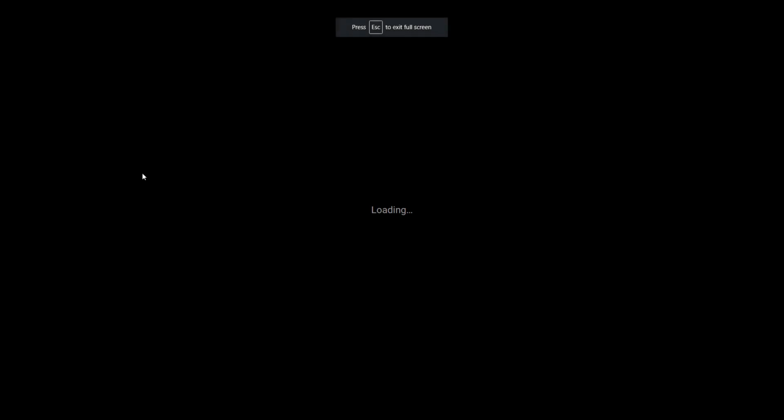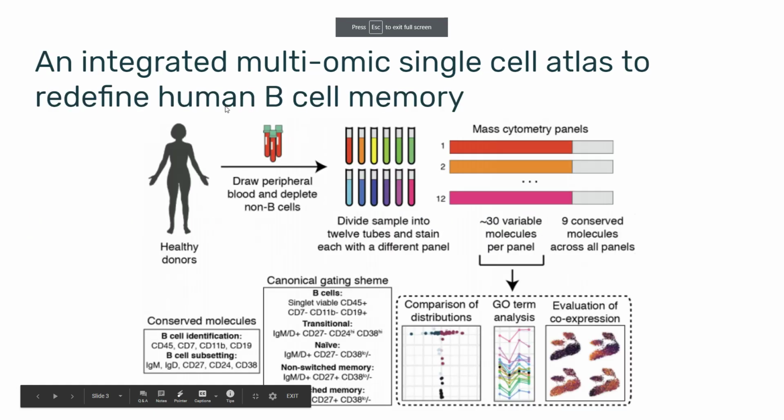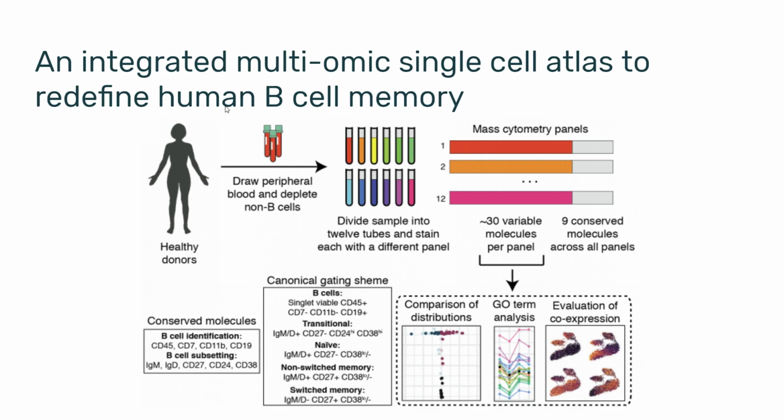The second screen was published by the Sean Bendel group. It's currently available as a preprint on bioRxiv. Again, the link is going to be in the description, and I'm going to refer to this as Glass et al., based on the name of the first author. And in this screen, they have drawn peripheral blood from healthy donors, divided them into 12 tubes, and stained each tube with a different panel.